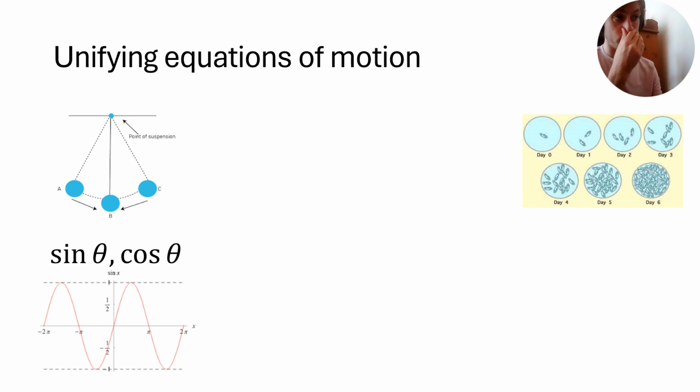For example, if we think of the mass on a pendulum, and we say at time 0 it doesn't have any angular displacement from where it initially is, and then we want to plot its displacement over time in terms of the angle at which it moves.